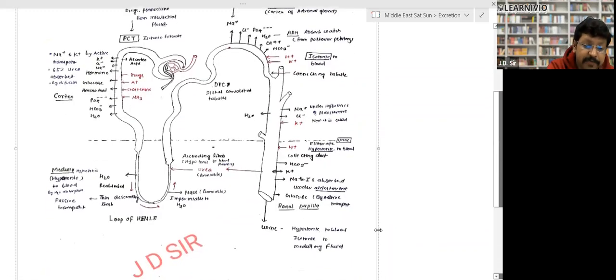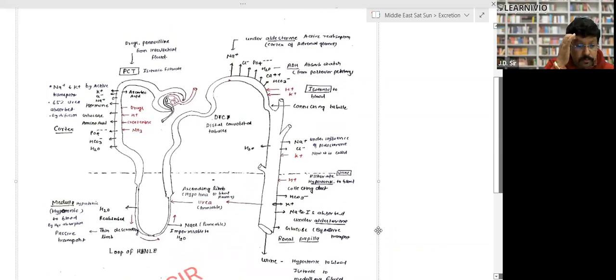As I told you in the previous class, half of the nephron will be in the cortex part, and half will be in the medulla part. Here I have tried to divide it with a fine line.